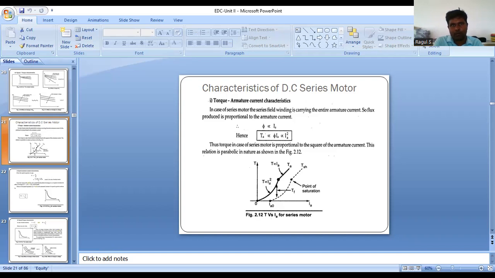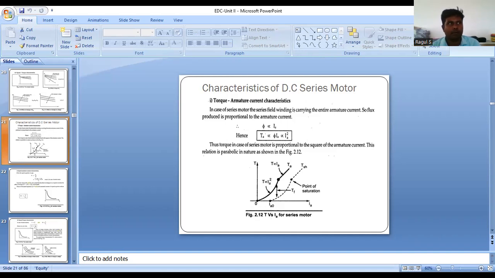Now we're going to discuss the characteristics of the DC series motor. We know DC motors have a lot of types, for example, separately excited DC motor and self excited DC motor. Again, self excited includes the series motor, shunt motor, and compound motor.